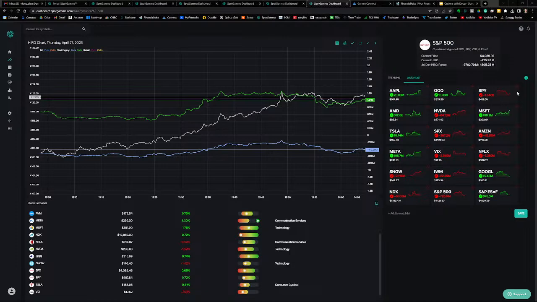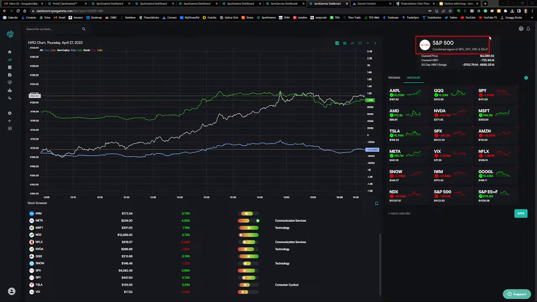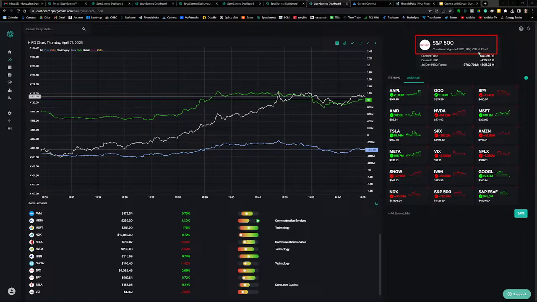This is for the S&P 500. It's a combined signal of SPX, SPY, XSP, and ES futures. XSP is not significant, so it's really showing combined signal options trades and market maker hedging activity for SPX, SPY, and ES futures combined into one signal.